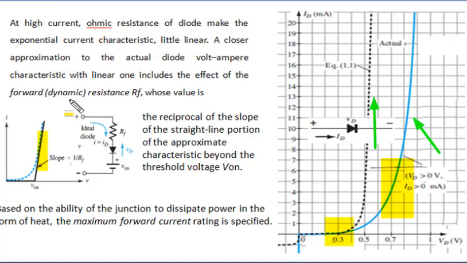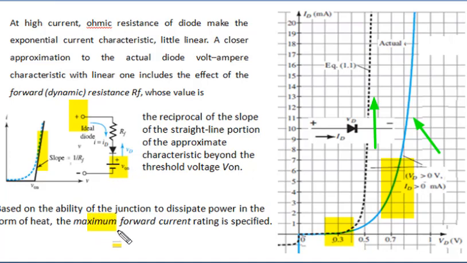So when we apply a voltage greater than this threshold voltage, only then will current flow in the circuit. If the voltage we have applied is less than the threshold voltage, then current will not flow in the diode.